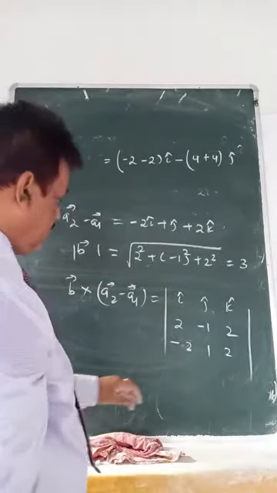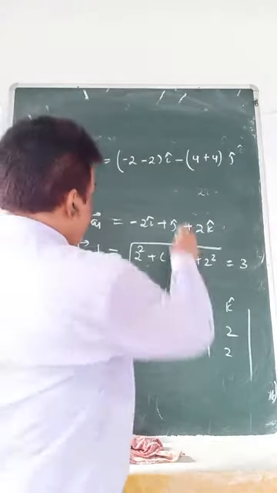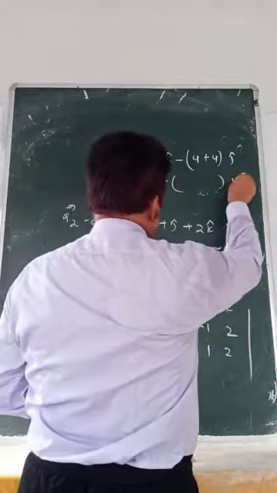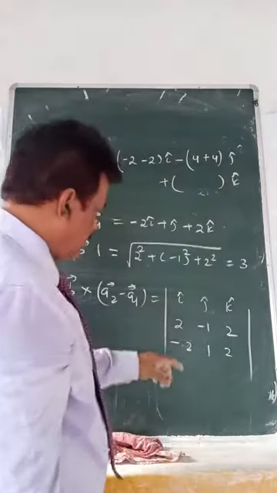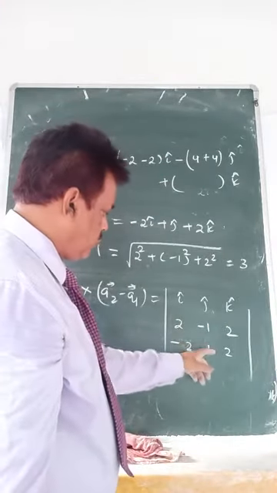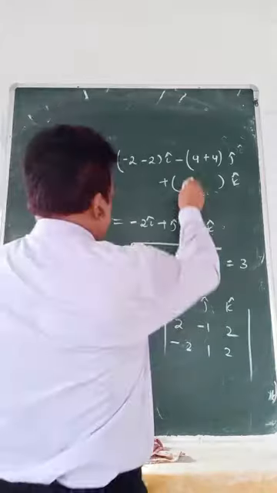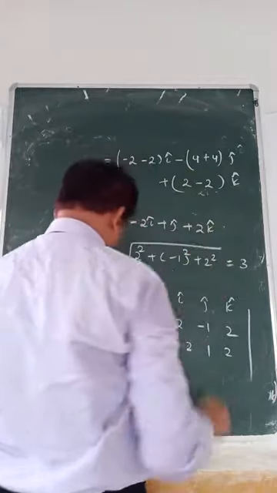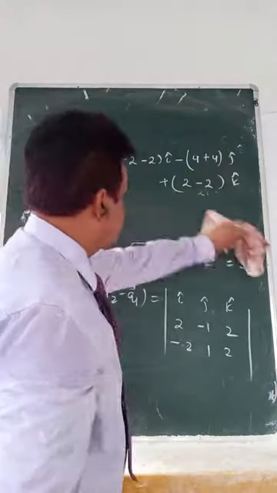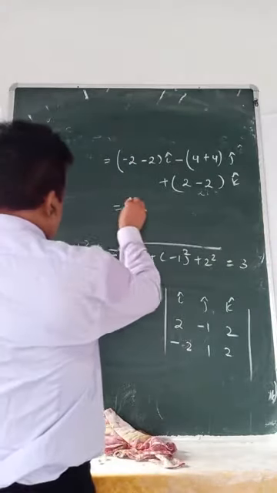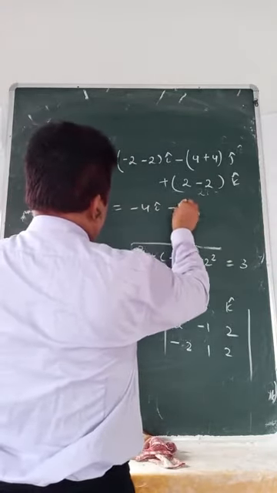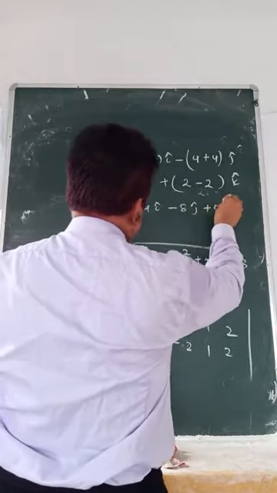Then k will be what? 2 - 2. So how much is that? -4i - 8j + 0k.